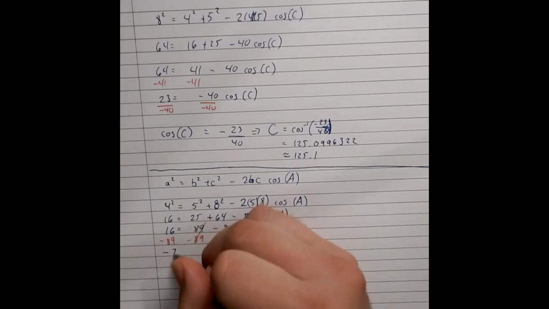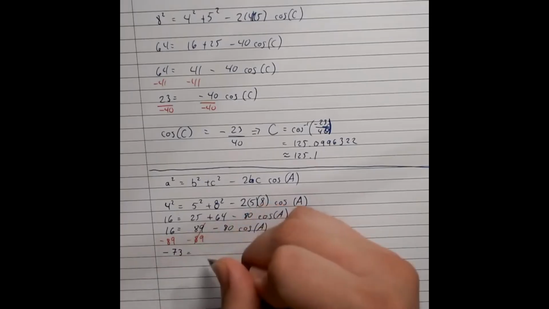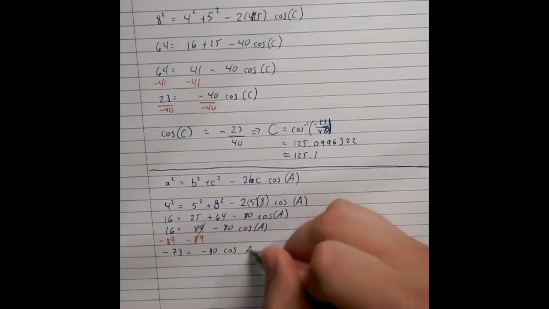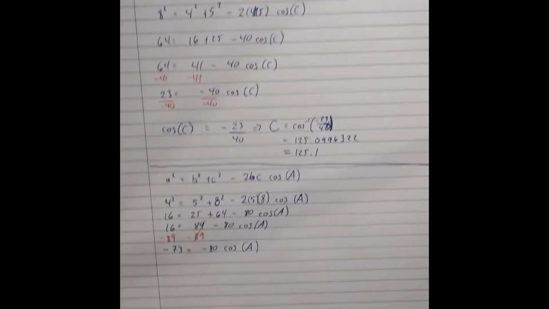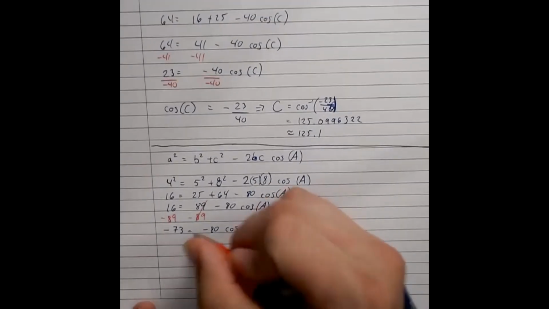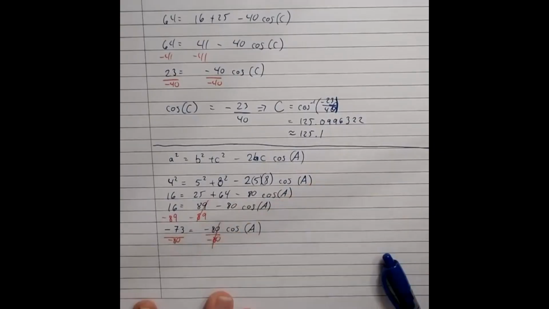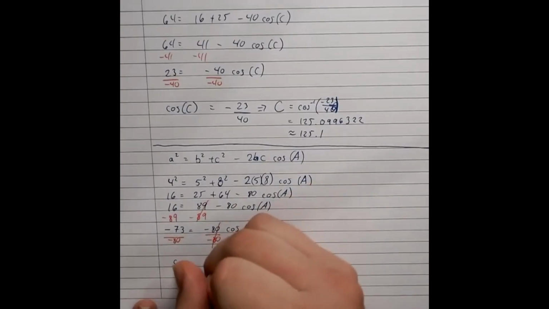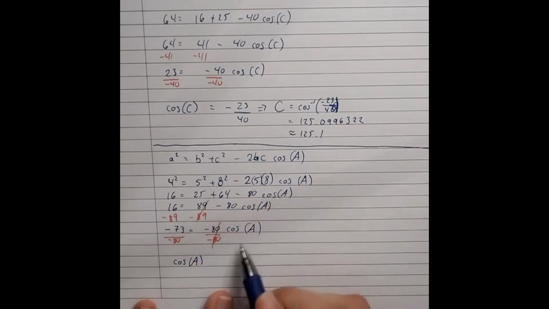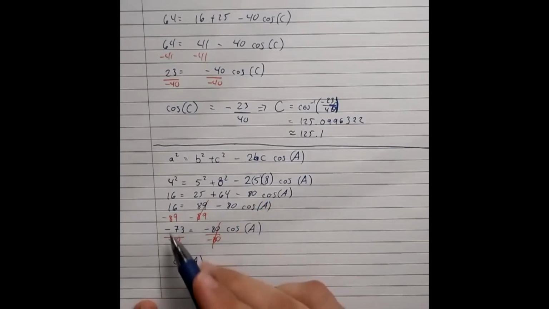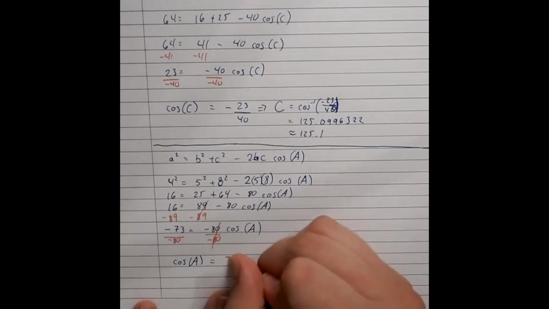That'll give me a negative 73 is equal to negative 80 times the cosine of the angle A. And now if I divide both sides by a negative 80, that's going to go away. And that's going to leave me just the cosine of A by itself. Double negative will cancel out, so that's going to give me 73 over 80.